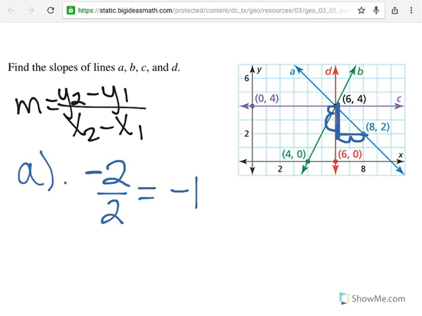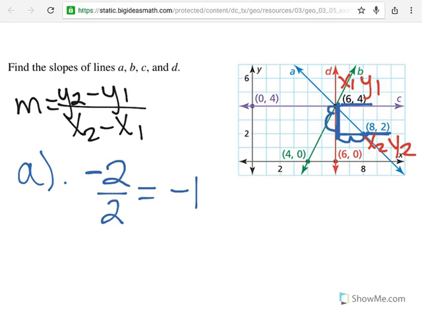Okay, now if we want to do it with the 2 points, we can take 6, 4, and 8, 2. I'm going to label 6, 4 as my x1, y1, and my 8, 2 as x2, y2. And then I'm going to plug them into my formula accordingly.